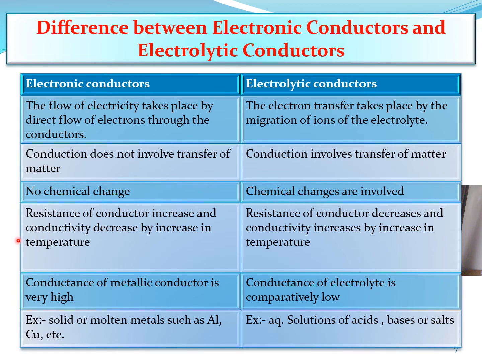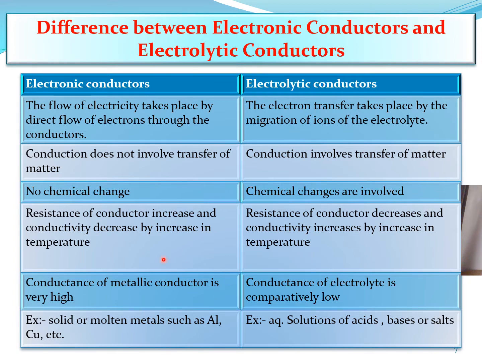Now, in electronic conductors, resistance increases and conductivity decreases with an increase in temperature. While in electrolytic conductors, resistance decreases and conductivity increases with an increase in temperature.